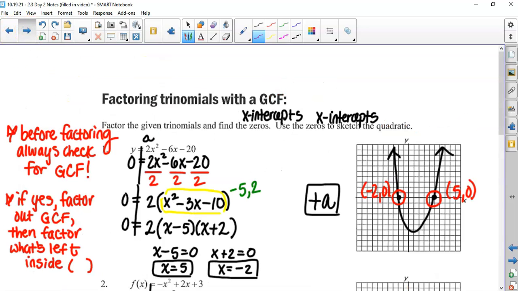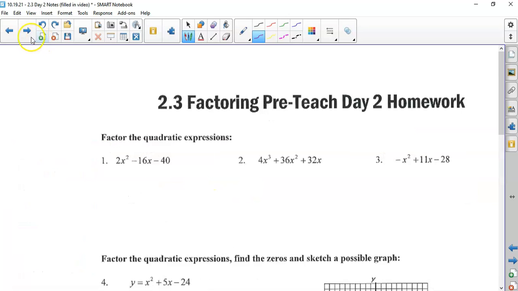So please log into your Delta Math, and we have a mixed practice that has you continuing to practice your factoring when a equals 1 skills. And then there is a topic, maybe 2 topics, that has you practicing this concept of getting to your x-intercepts from factored form. On the next page, we have the homework for today on page 52.